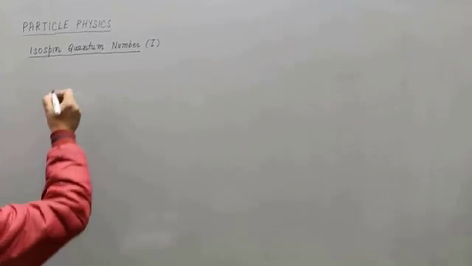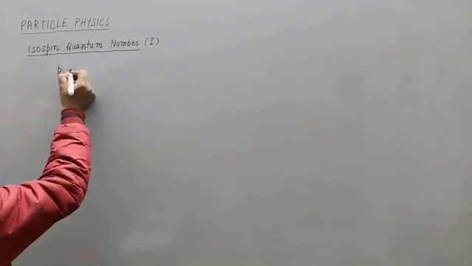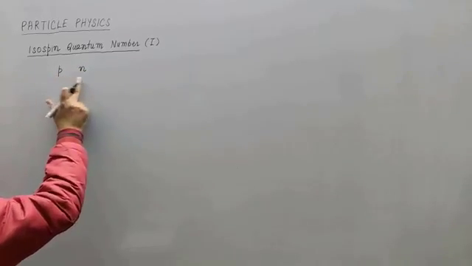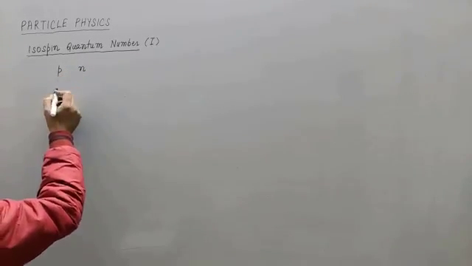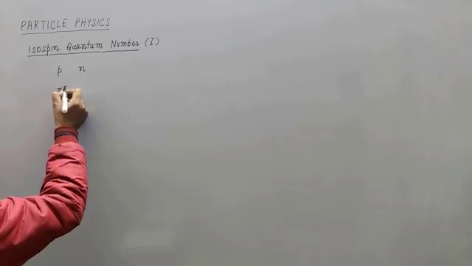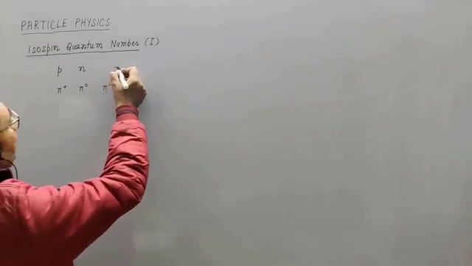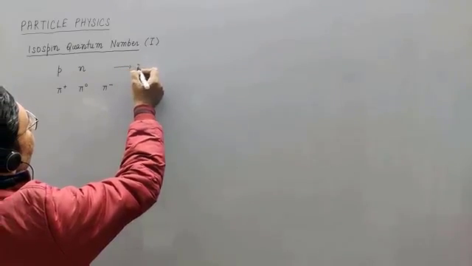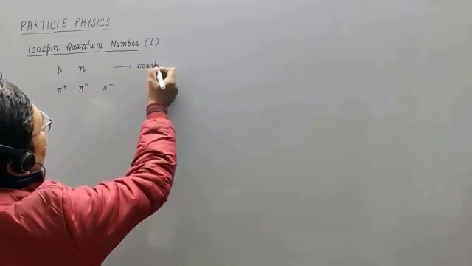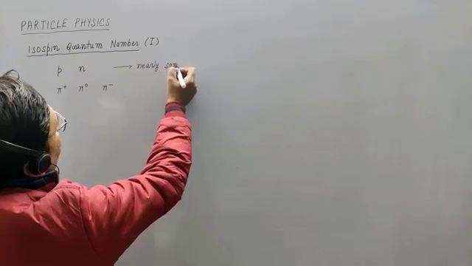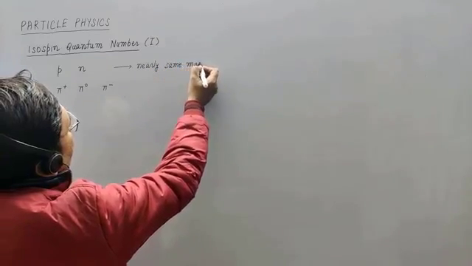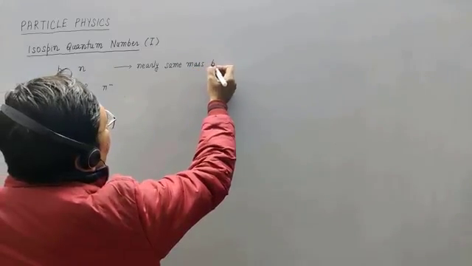For this, let us take the example of proton and neutron. Apart from this, I am taking the example of pi plus, pi naught and pi minus. If you consider proton and neutron, both have nearly the same mass, but their charges are different.